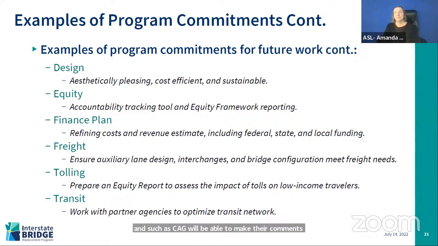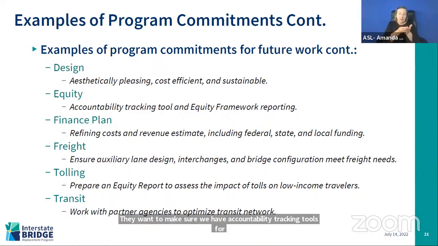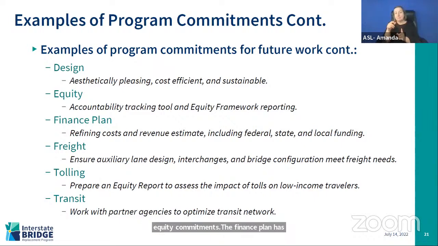So other commitments, folks want to see an aesthetically pleasing bridge, cost efficient and sustainable. They want to make sure that we have accountability tracking tools for equity commitments. The finance plan has been on the tip of the brain for a lot of folks.